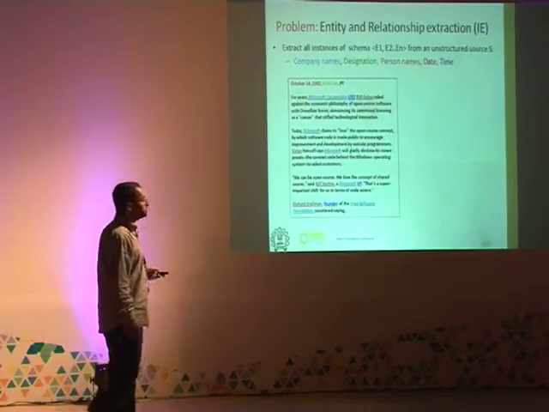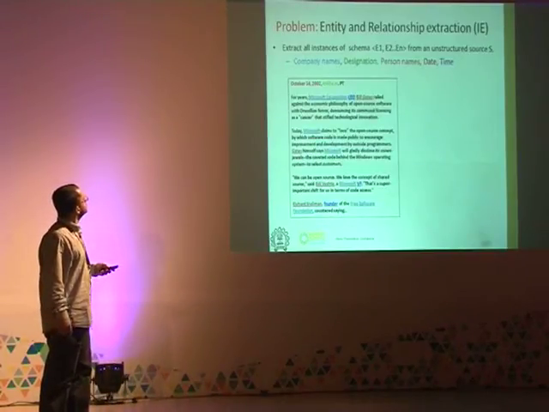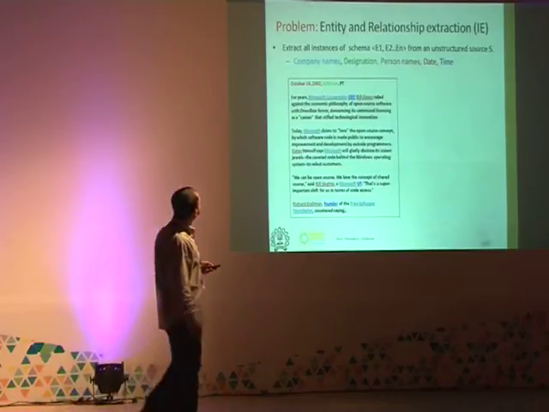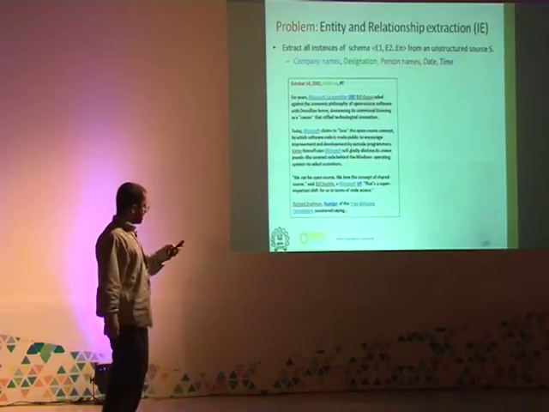The color coding should say it all. So Microsoft Corporation is a company name, CEO is a designation, there was a mistake in the color coding there. Bill Gates is a person name.